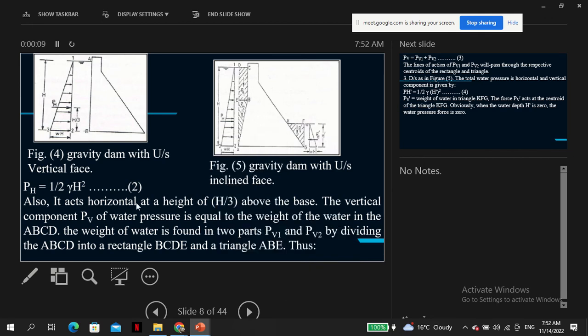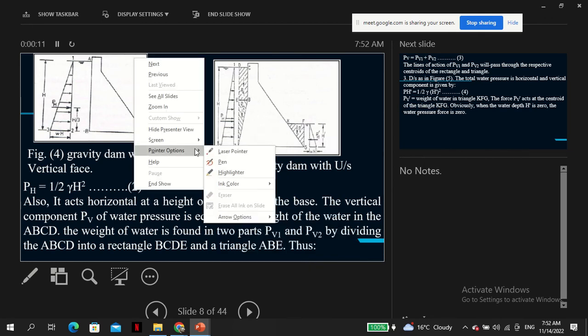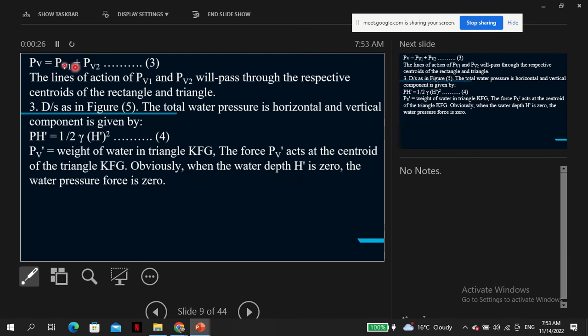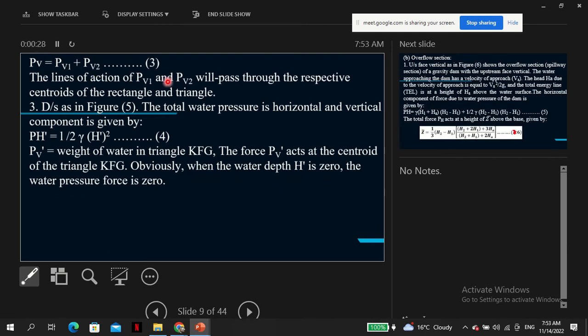Should be fairly straightforward. So if you need, after you divide them into regular shapes, you solve each one at a time, and then you can add. So PV is PV1 plus PV2.